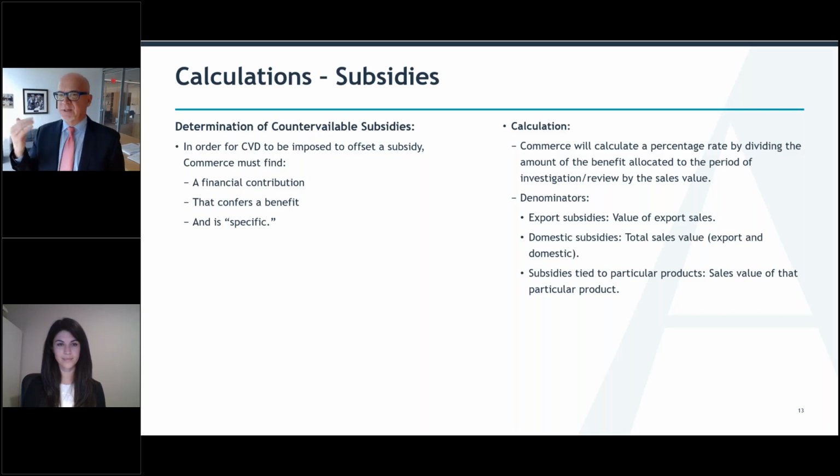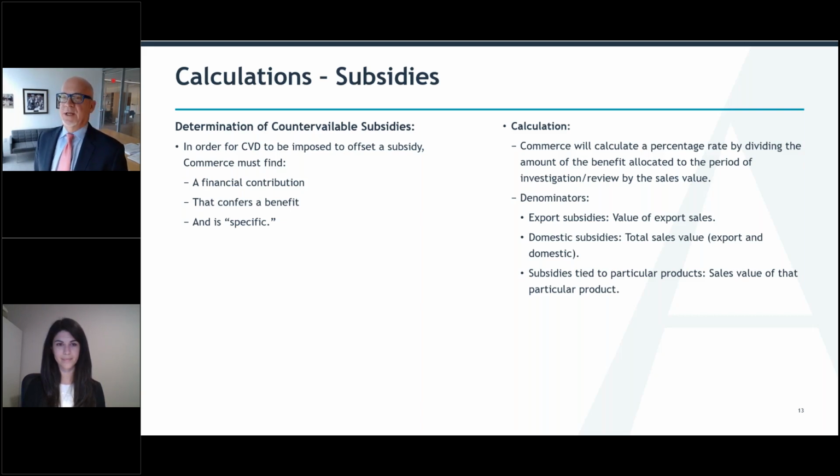For instance, infrastructure that we all benefit from is a general subsidy. That's not something that we try to countervail. On the other hand, the United States has defined specificity fairly broadly, so it's something to be careful of.